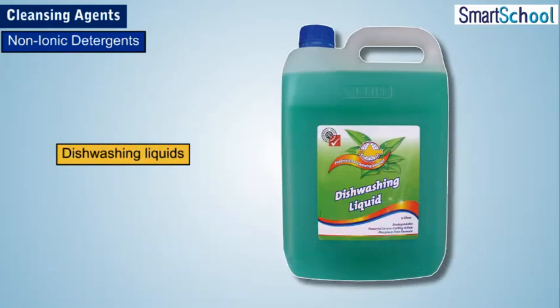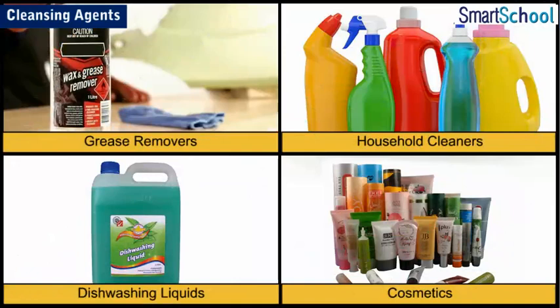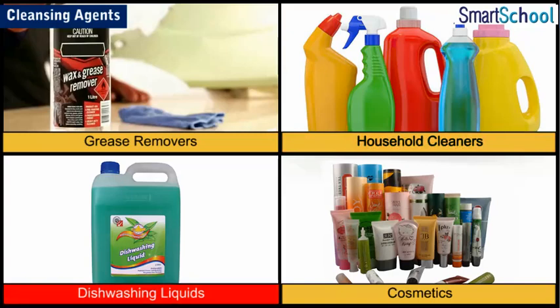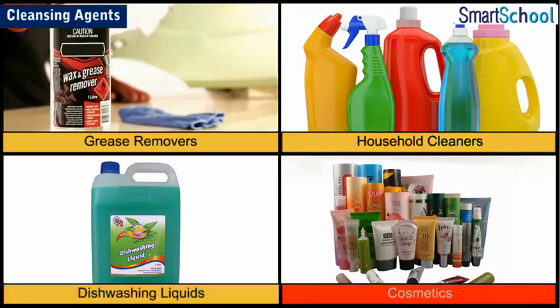The liquid dishwashing detergents that we use are of the non-ionic types. Their mechanism of action is the same as that of soaps. Non-ionic detergents are excellent grease removers that are used in laundry products, household cleaners, dishwashing liquids, and even cosmetics.